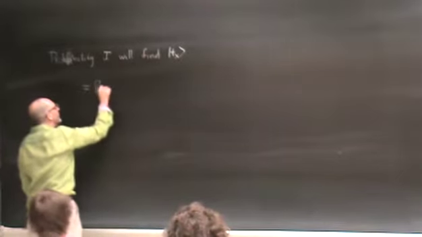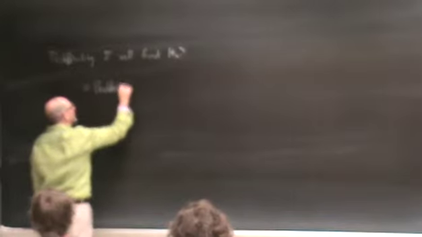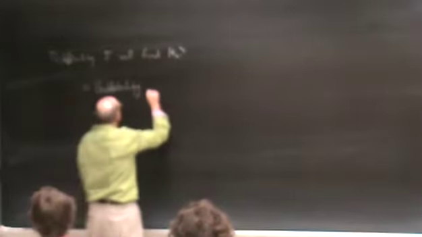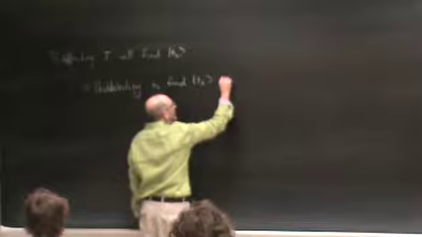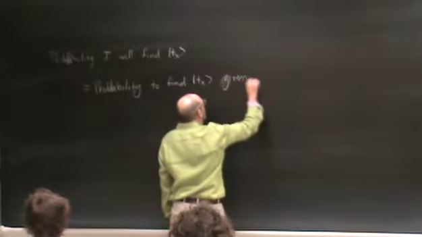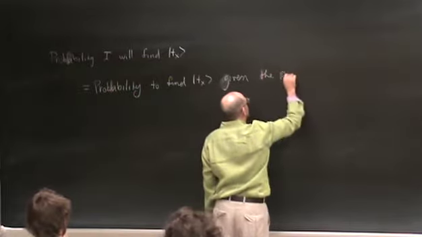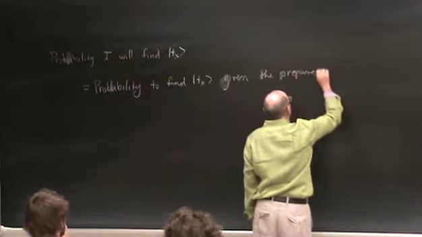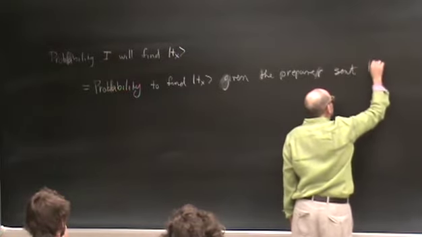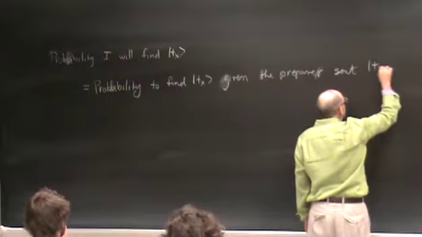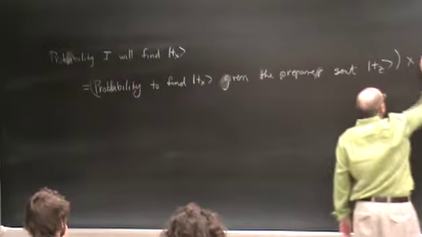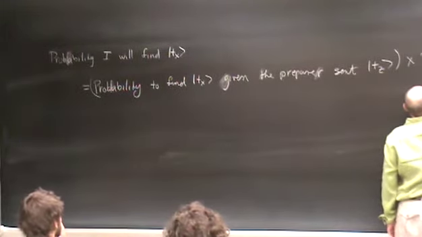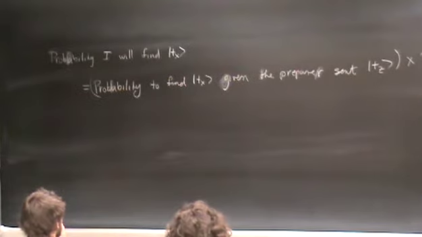There is the probability to find up along X, given she, the preparer, sent spin up along Z, times the probability she sent me that.